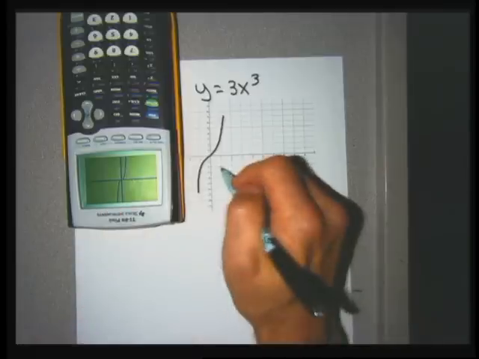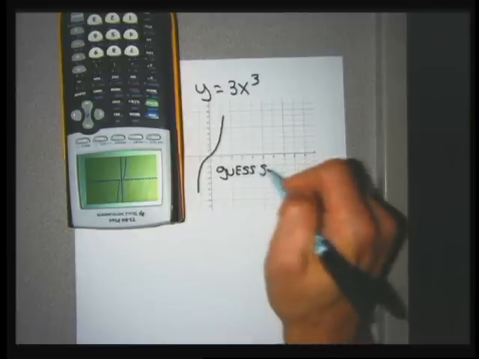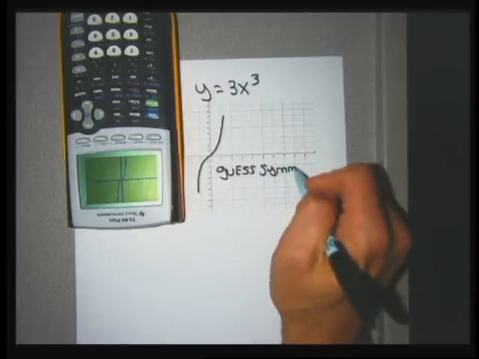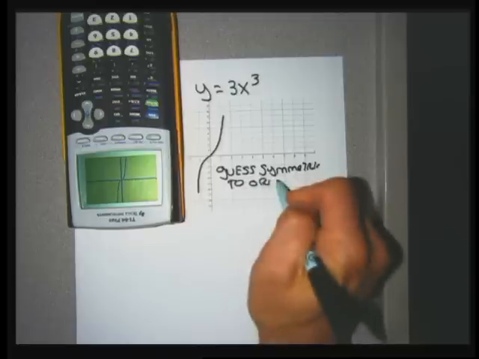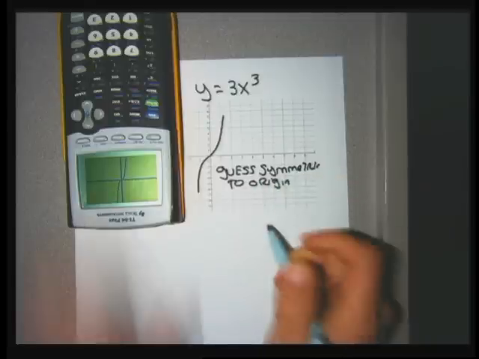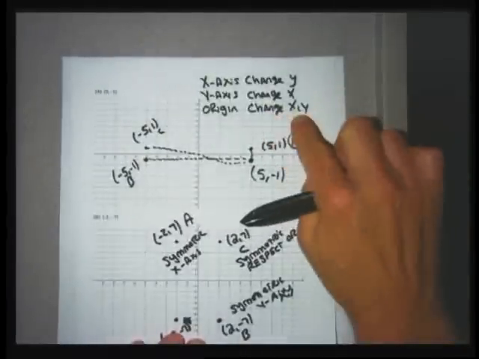So I guess this graph is symmetric to the origin. It's not enough to guess. I have to do the algebraic test. When I was working with the points to get the origin symmetry, I had to change both the x and the y. That's what I'm going to have to do here.